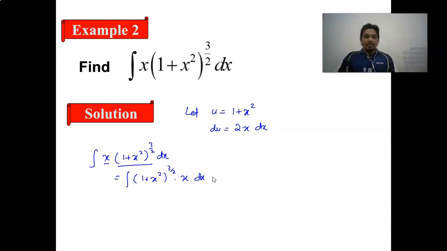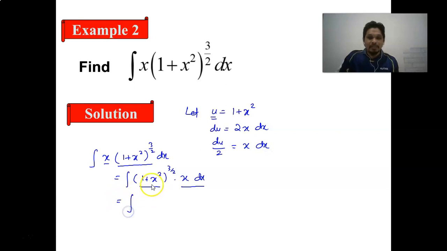So we may compare now: this 1 plus x squared is equal to u, and x dx. What we have right now is 2x dx, so we divide by 2: du over 2 equals x dx.